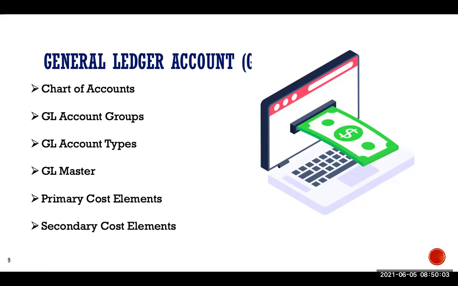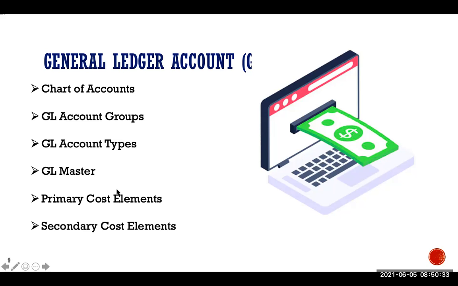That is for the external purpose. Your balance sheet and profit and loss account are for the external purpose. Apart from that, you will be using your transactions and your financial data for your internal reporting. For that, we call it a cost element. The same information, same master data, on the internal side, we call it a cost element.